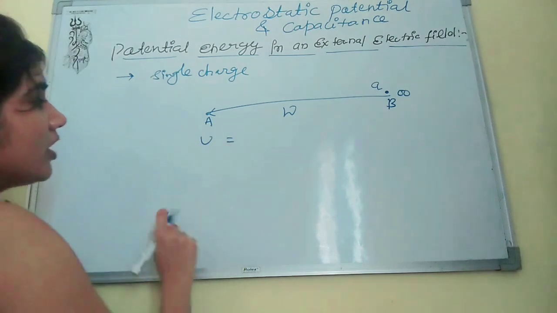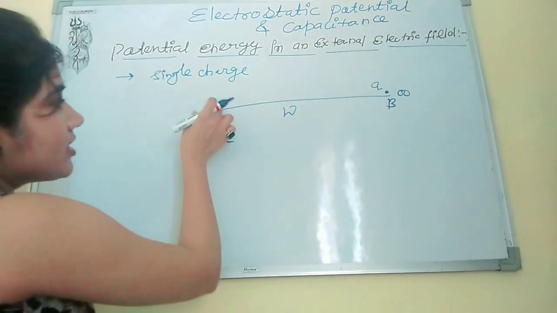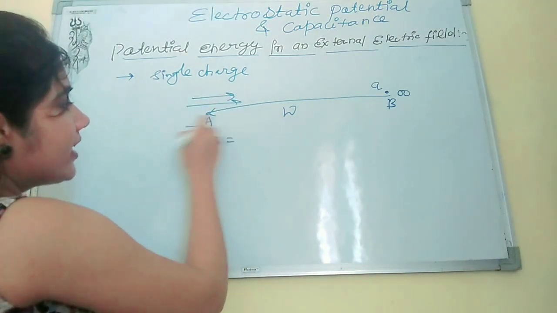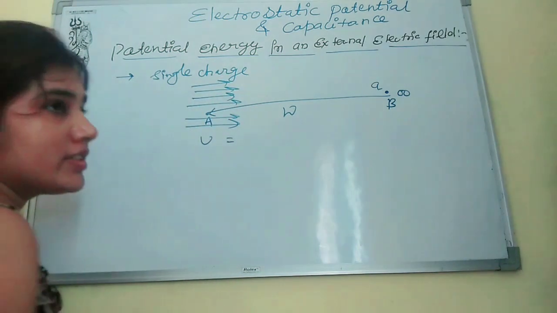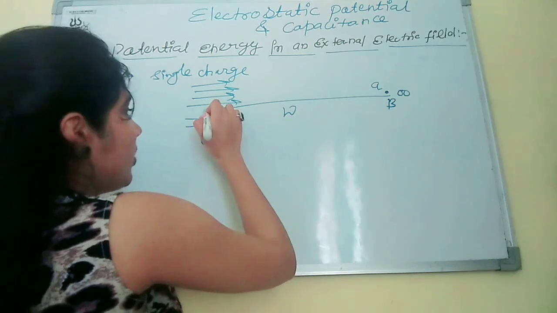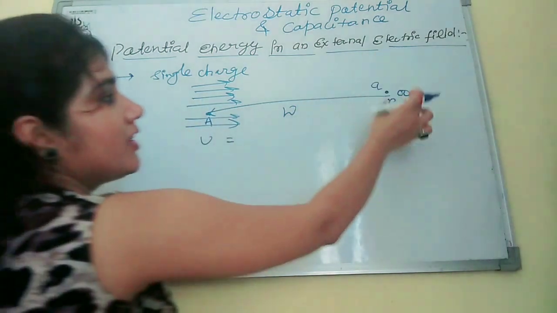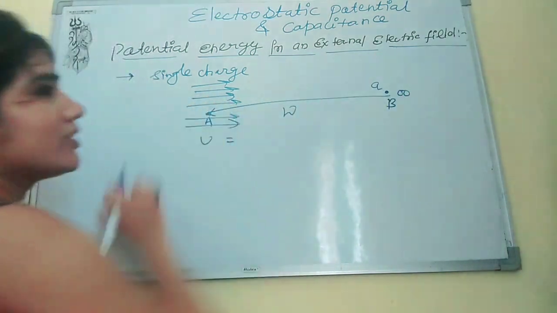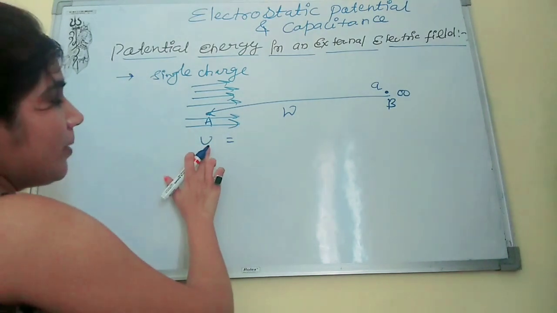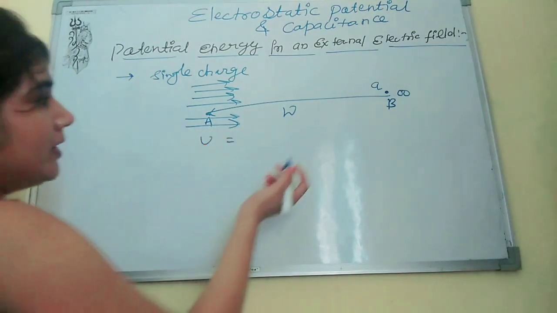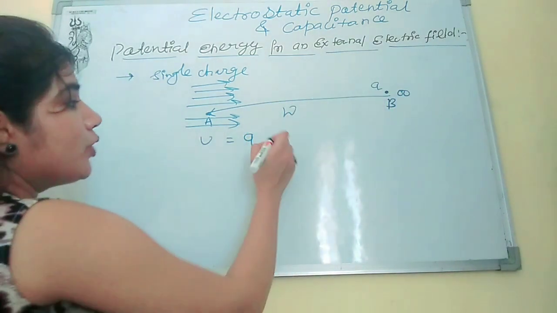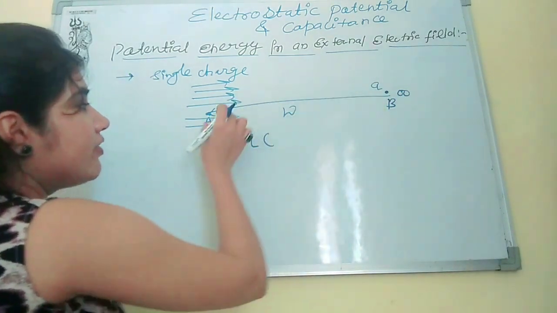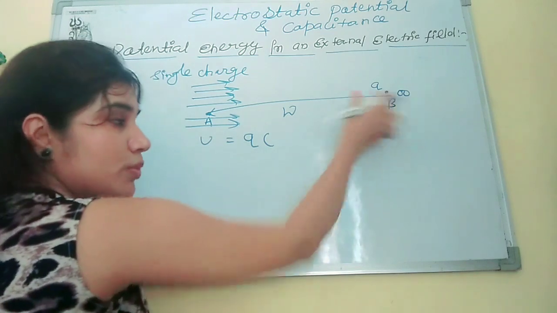So the expression is U equal to, and this is the field, that is external electric field. Here the point is placed where we are bringing the charge from infinite to this point. So the potential energy will be because of Q into the potential at final position minus initial position.